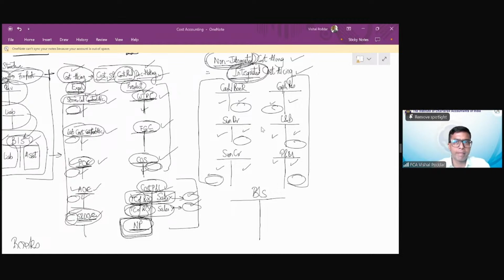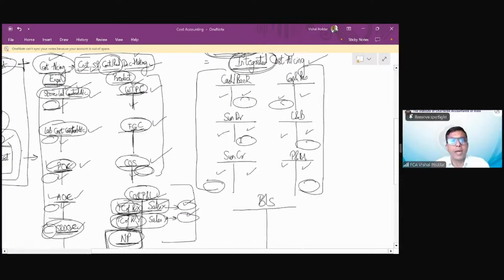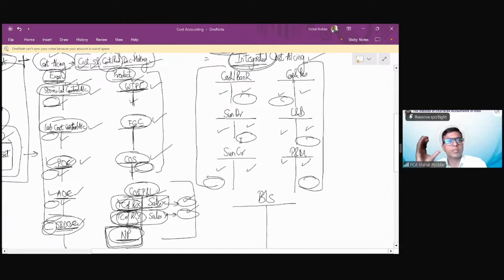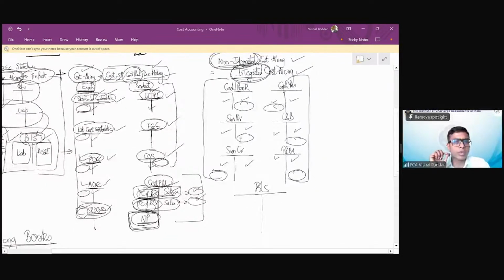Now, let me tell you one interesting fact. Nowadays, people call it a fun fact. So what is the fun fact over here? The fun fact over here is that practically, wherever cost accounting is done, people follow non-integrated. All the entities, wherever cost accounting is applicable, are following the non-integrated approach.